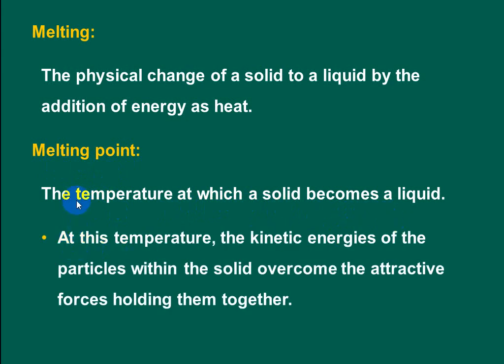Why does a solid become a liquid at this temperature? At this temperature, the kinetic energy of the particles within the solid overcomes the attractive force holding them together, so they can change into a liquid, and the attraction between particles decreases.